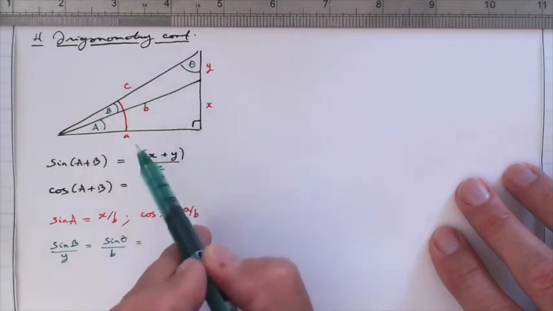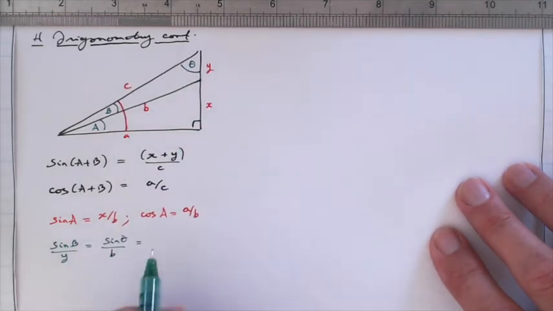So sine theta will be A over C. So this is A divided by C, all divided by B. And so I have a very simple, reasonably simple expression for sine B. Just multiply through by y, and I have A times y divided by B times C.